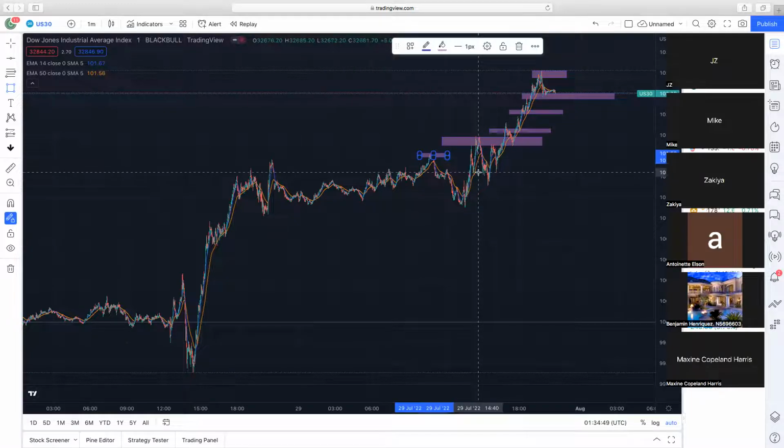See this right here? This is a large zone, and it kind of just runs together. Right here. Here. And then there's one under it.